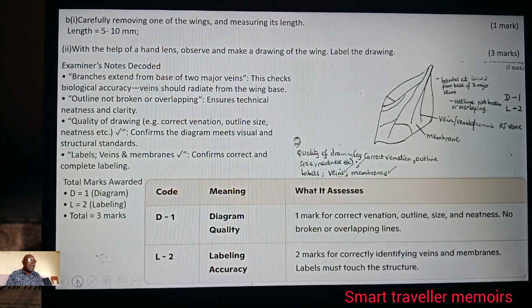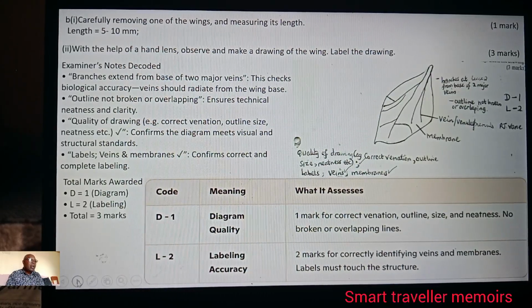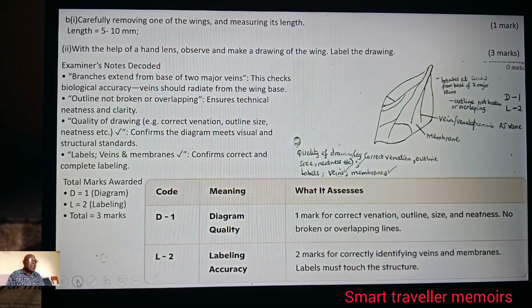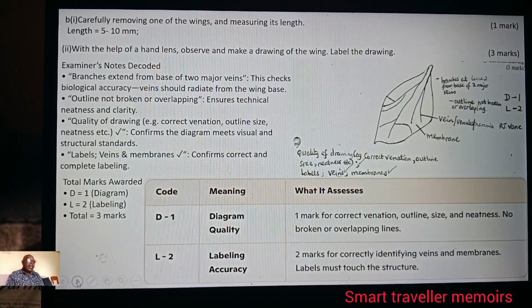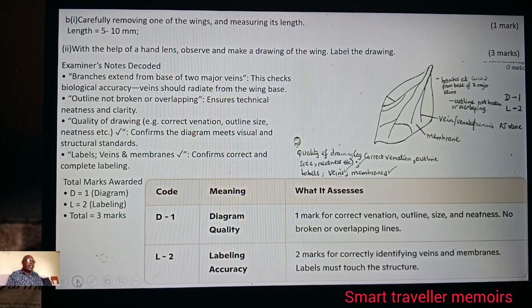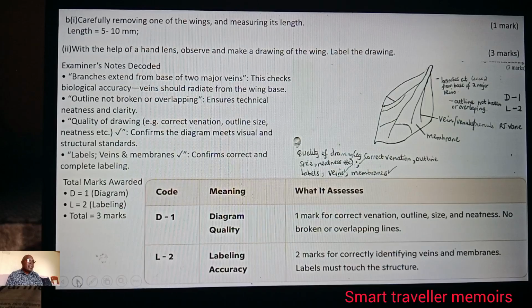Next, examiners should check whether the outline is not broken or overlapping, and this ensures technical neatness and clarity. Then they should check quality of drawing, e.g. correct venation, outline size, and neatness. And this confirms the diagram meets visual and structural standards.